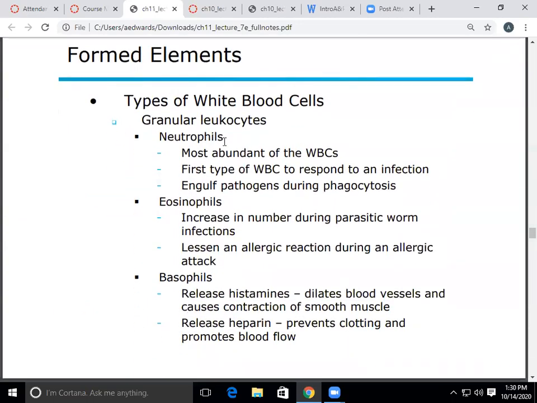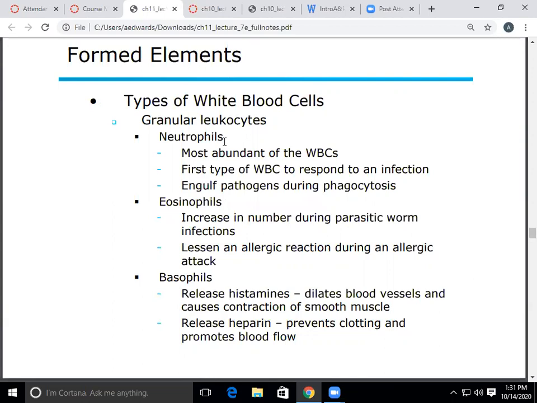So, some different kinds of white blood cells. You have the granular leukocytes. You've got your neutrophils. These are going to be the more abundant ones. You have lots of these relative to the others. They are sort of your first responder when you have some sort of infection, and they're going to engulf pathogens during phagocytosis, so they're going to eat something and break it down.